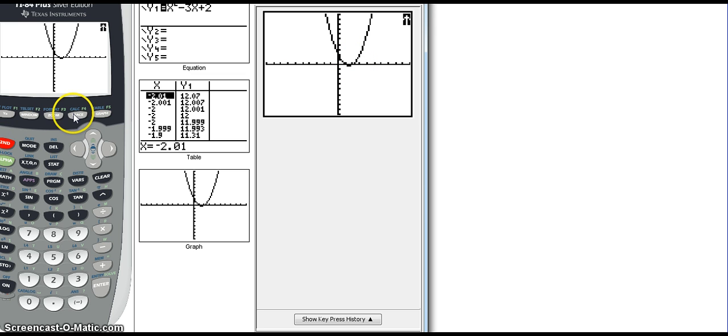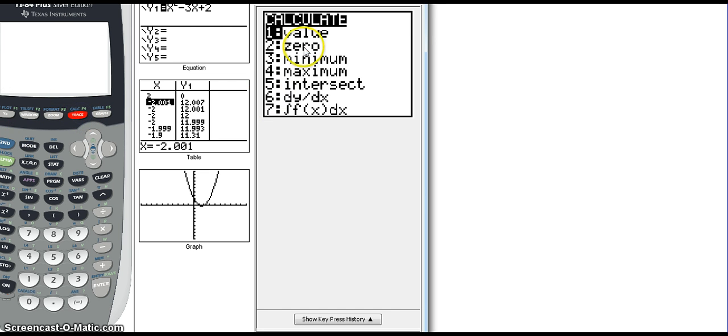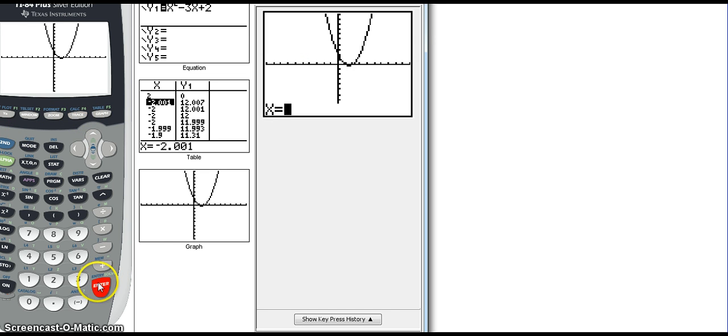We can do second table, and we can look at the table, and if I type in 2, I see that y equals 0, or if I do second calculate, I can put in a value for x on the graph, and let's put in 2, and we also see that y equals 0. So those are some of the ways in which we could verify by graphing. But again, it's a little bit more cumbersome with the graph, perhaps. Not always, but sometimes. So you don't want to count on the graph.